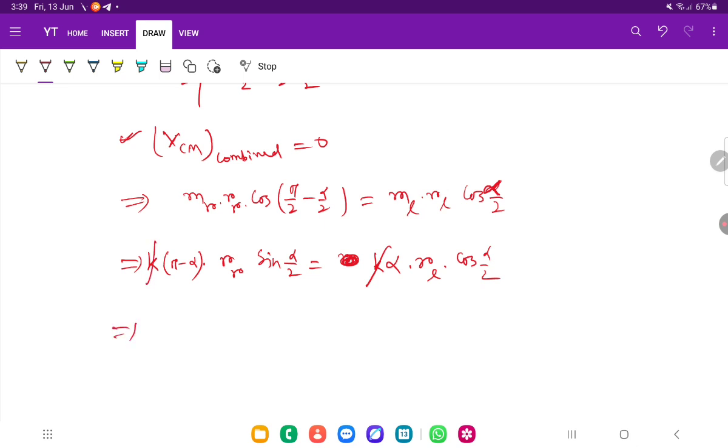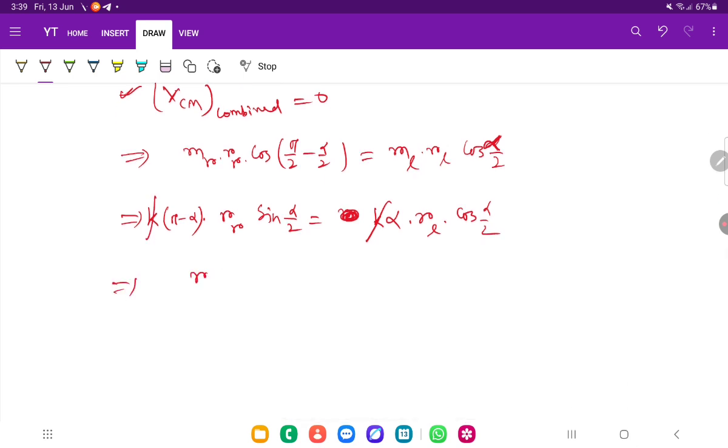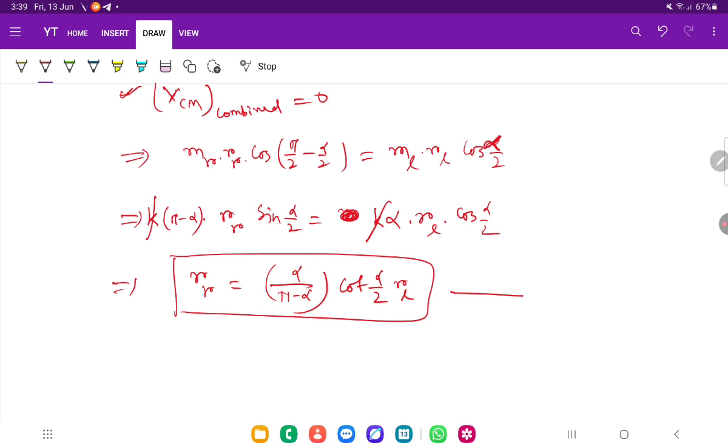K gets cancelled and we have got RR in terms of RL. It will be like this, cot alpha by 2 times RL. So this is one of our important equations, because this equation relates the RR and RL. We will require this relation later on.